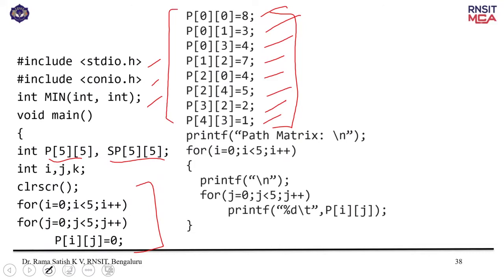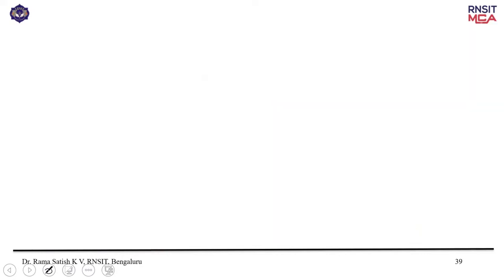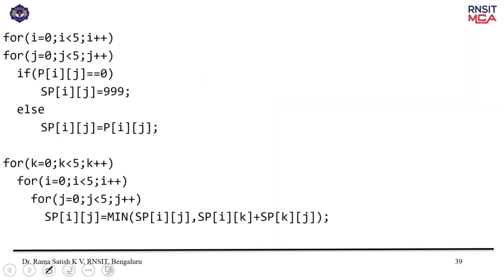So you are feeding the adjacency matrix using these path coordinates, and of course the path matrix, which is nothing but the adjacency matrix, you are just displaying here. You are initializing the path matrix to 0, adding the adjacency matrix details, the weights, the distances, and finally displaying that matrix. Once that is done, the next thing is you have to find the shortest path.